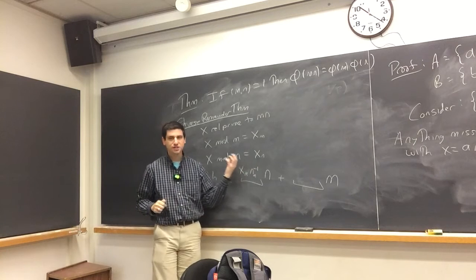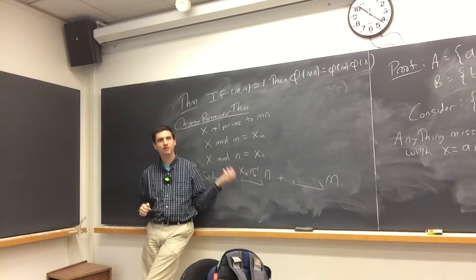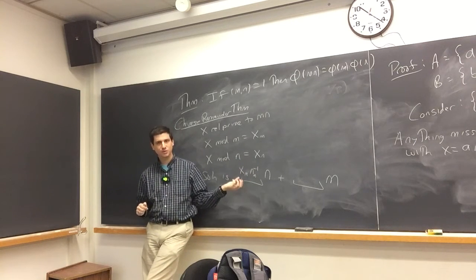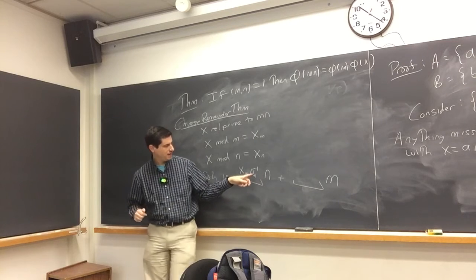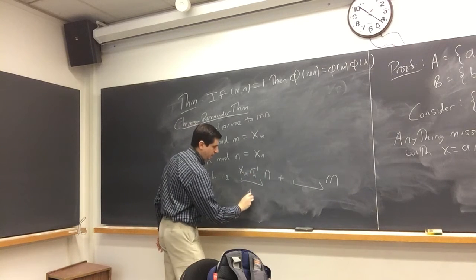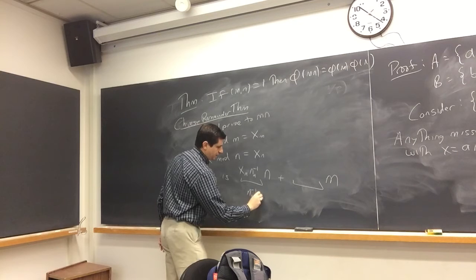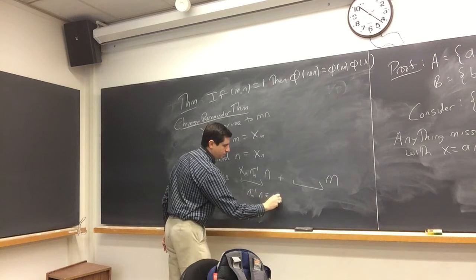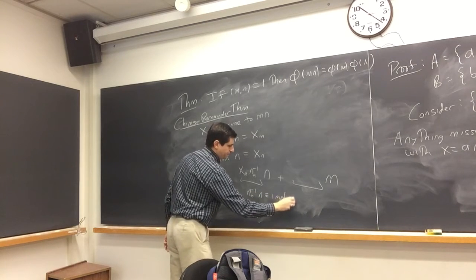This is different notation than we had in the book, but I really like this notation because it highlights what's going on. I take the inverse of n mod m. So n_m inverse times n is congruent to 1 mod m.